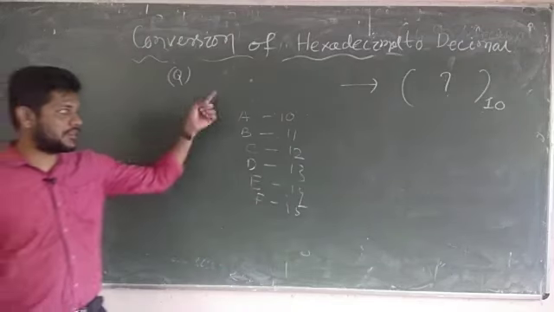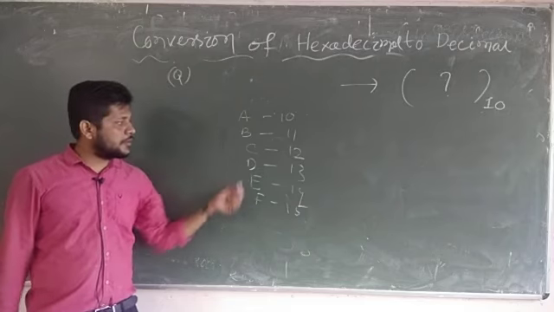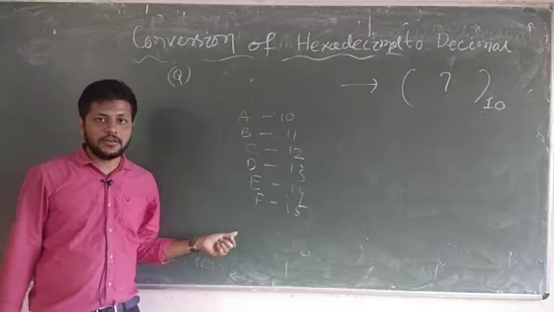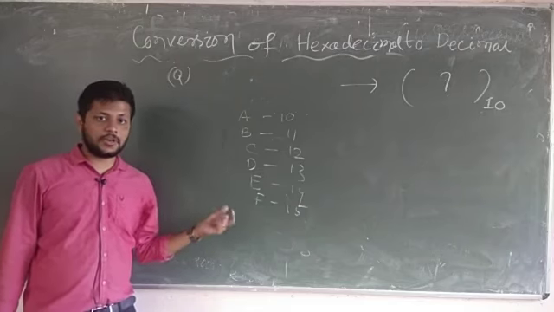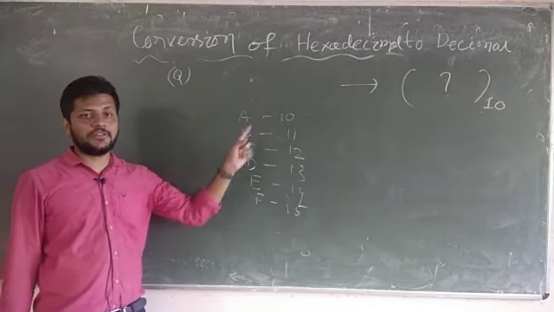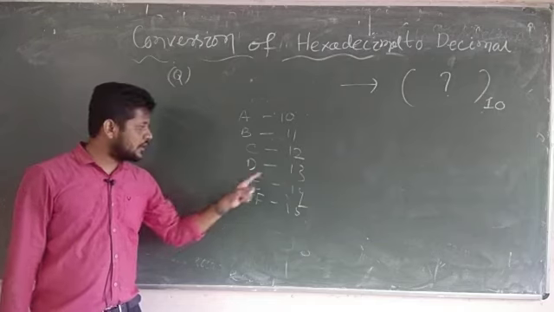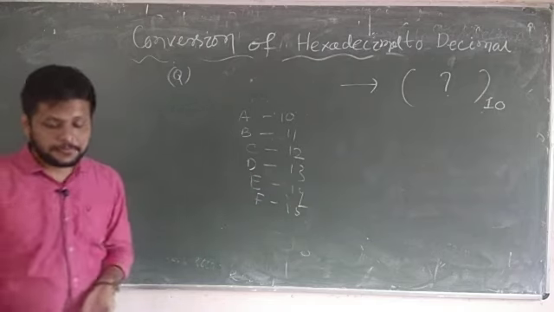So you need to remember this A, B, C, D, E, F in hexadecimal number system. Wherever we see this letter in a number, that means this number particularly belongs to hexadecimal number system, and A stands for 10, B stands for 11, C is 12, D is 13, E is 14 and F is 15.